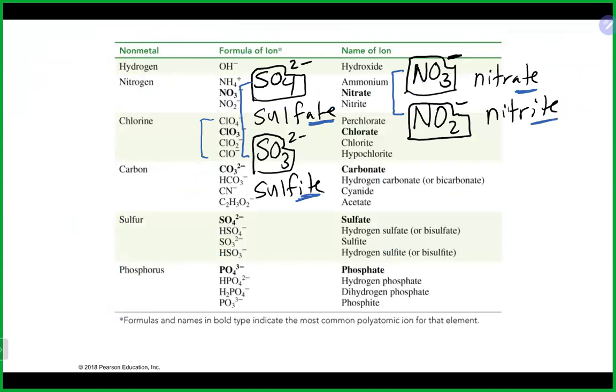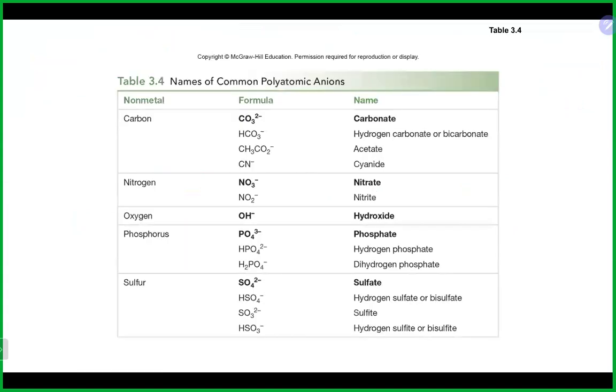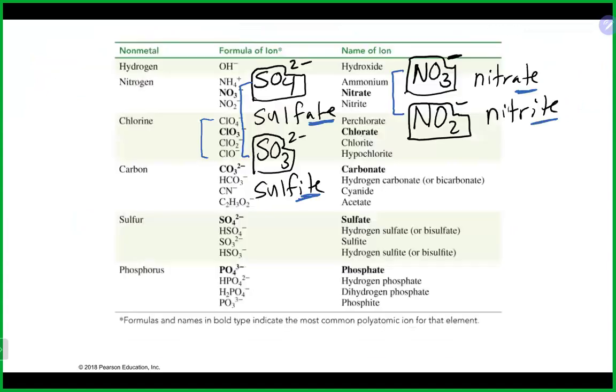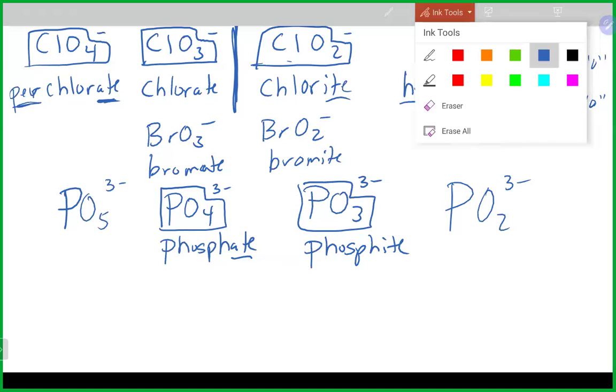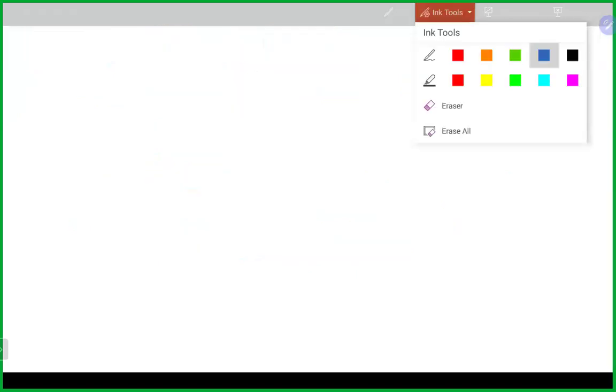Now, there are a couple other things that you'll see on this list in terms of names. But again, you just want to think about it logically. Let me just go back to where we were there. Now, if we take something that's on that table, for example, CO3 2 minus.